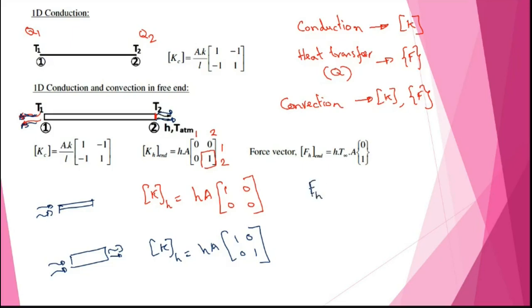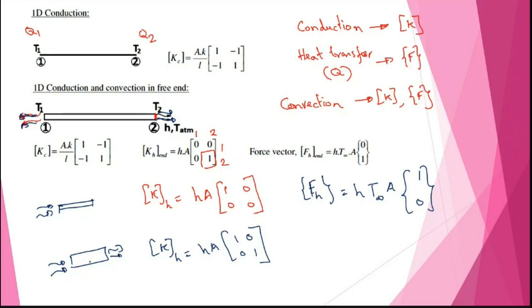My force matrix FH will be H T infinity A, that is HAT infinity [1 0]. In the force we divide, but in the stiffness matrix we do not divide.